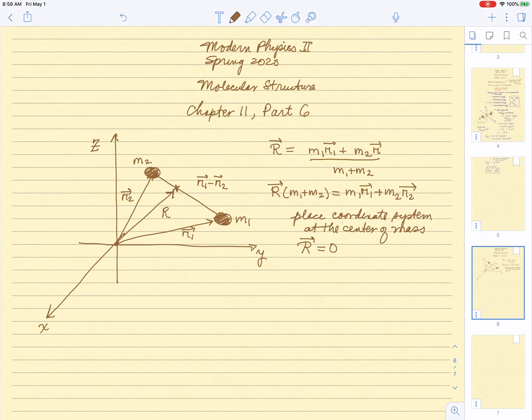Okay, but let's work generically first, and then we'll get to the equations that are in your textbook.